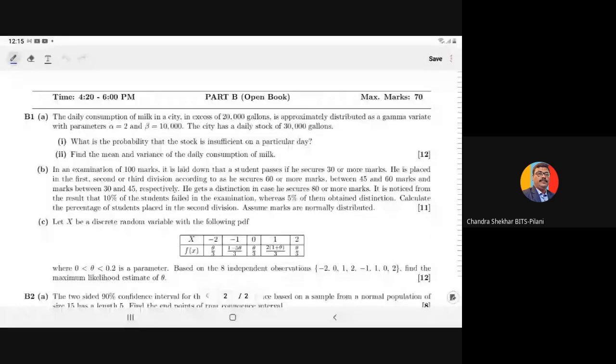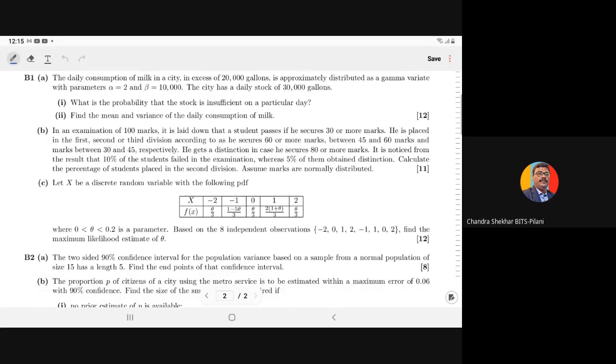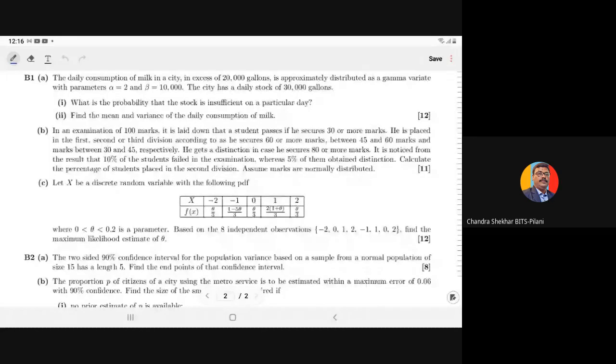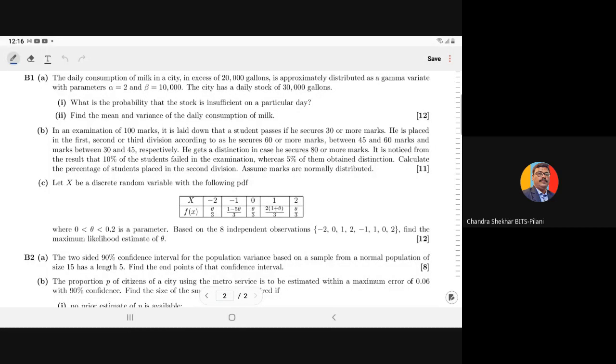Then in question number B1b, in an examination of 100 marks, it is laid down that a student passes if he secures 30 or more marks. Then only the student will be assumed to be a pass.